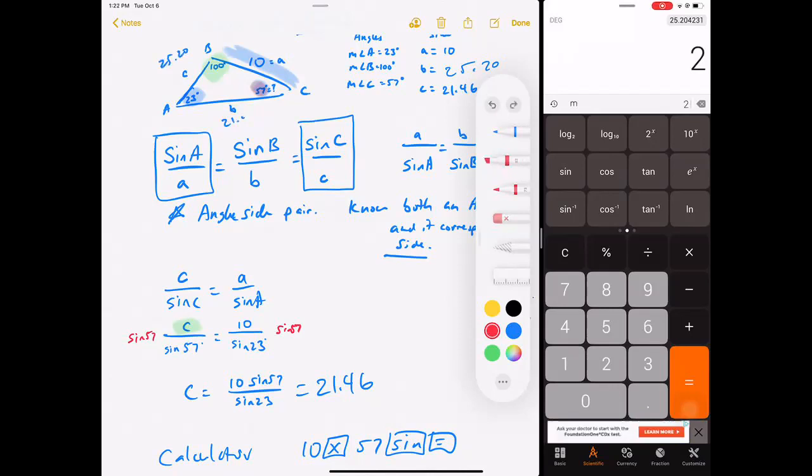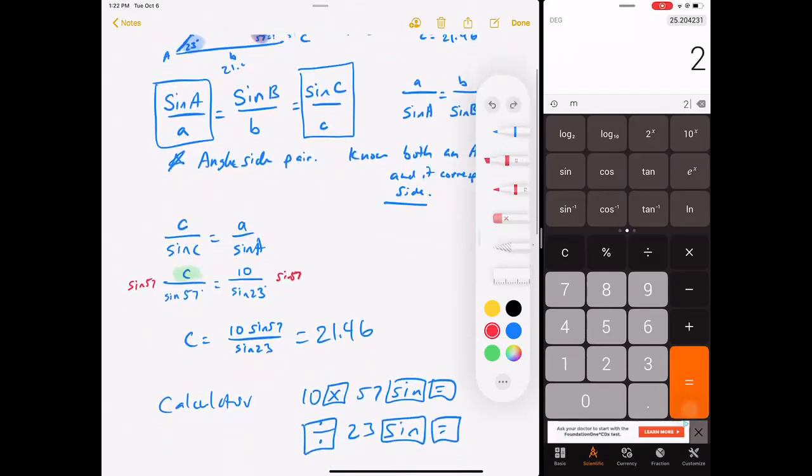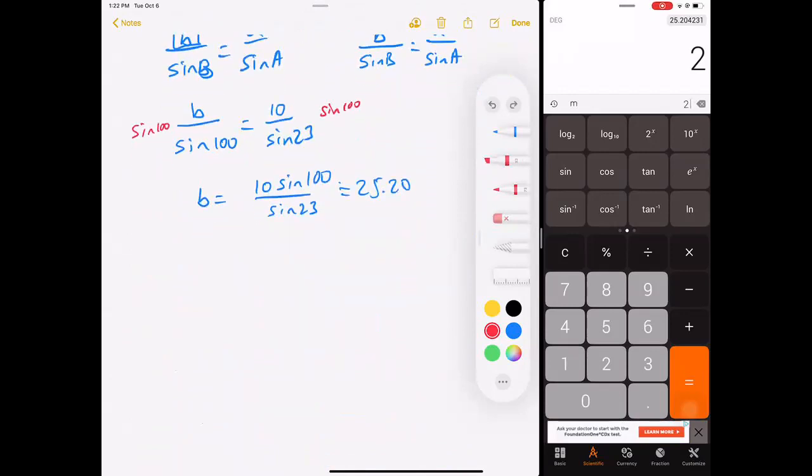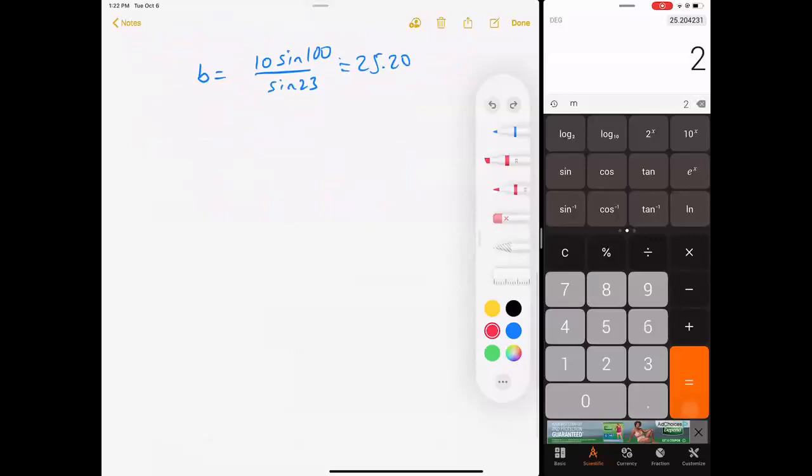Okay, let's do this again. Let's do another problem. Okay, let's come up with another example. Call this 98 degrees.